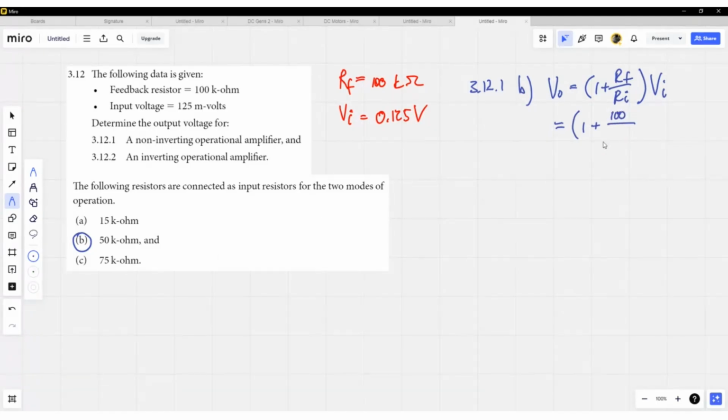The kilo ohms cancel out, so it's 100 divided by 50, times our input voltage of 0.125. 100 divided by 50 gives us 2, so we have a gain of 3 here. So 125 times 3 gives you 375, or 0.375 volts.